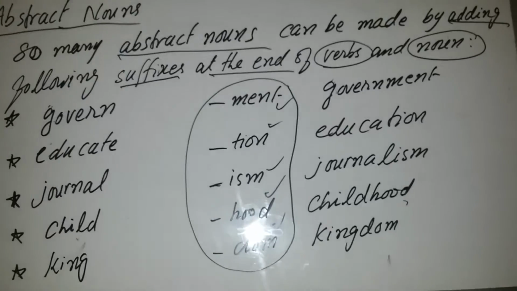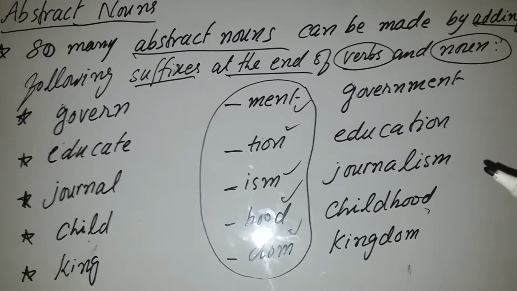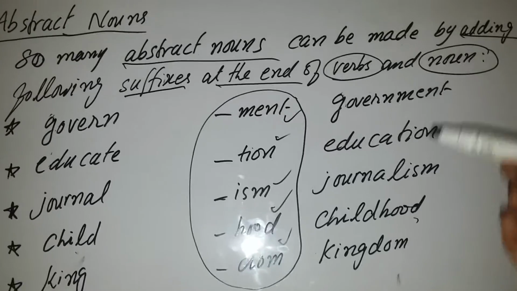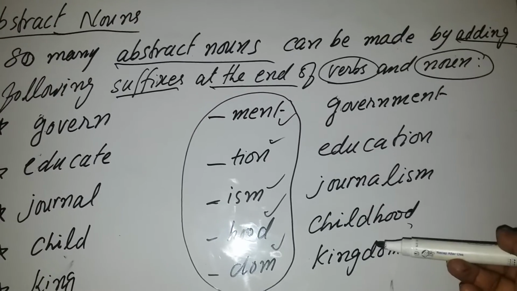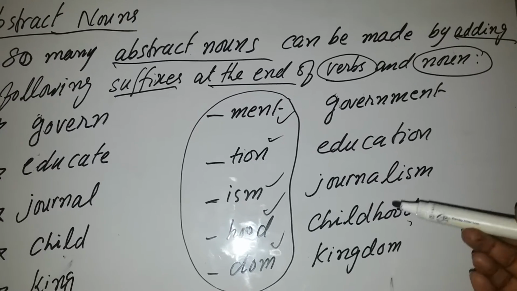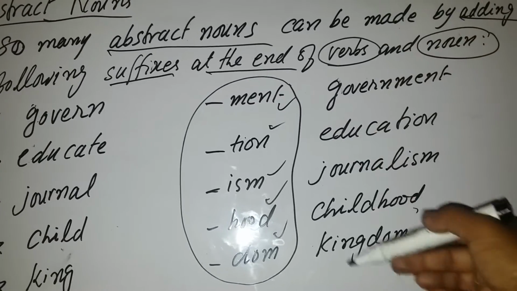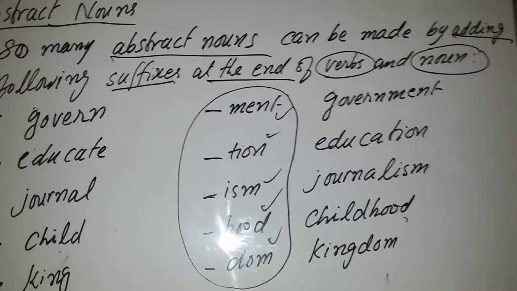And one thing more, as I taught you, abstract nouns are all those nouns which cannot be seen, touched, tasted, smelt or heard. They don't have physical existence, so they will be called abstract nouns.